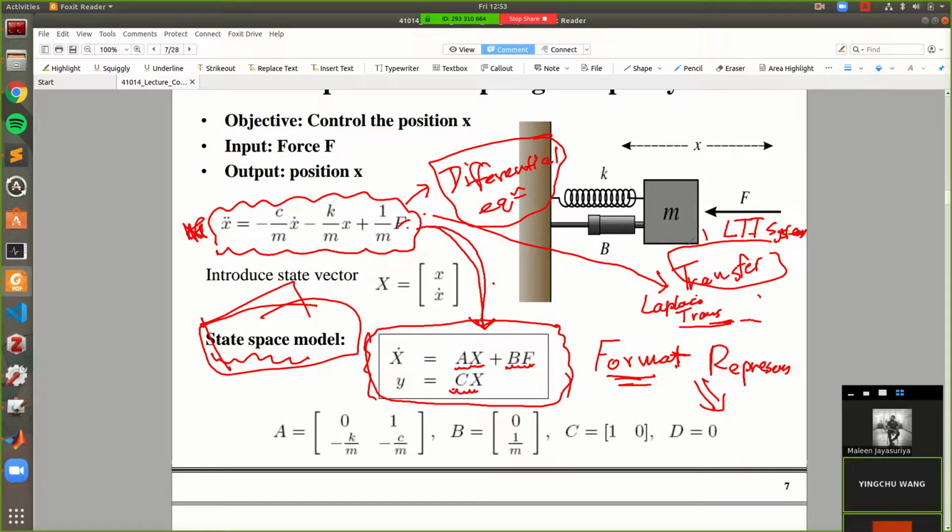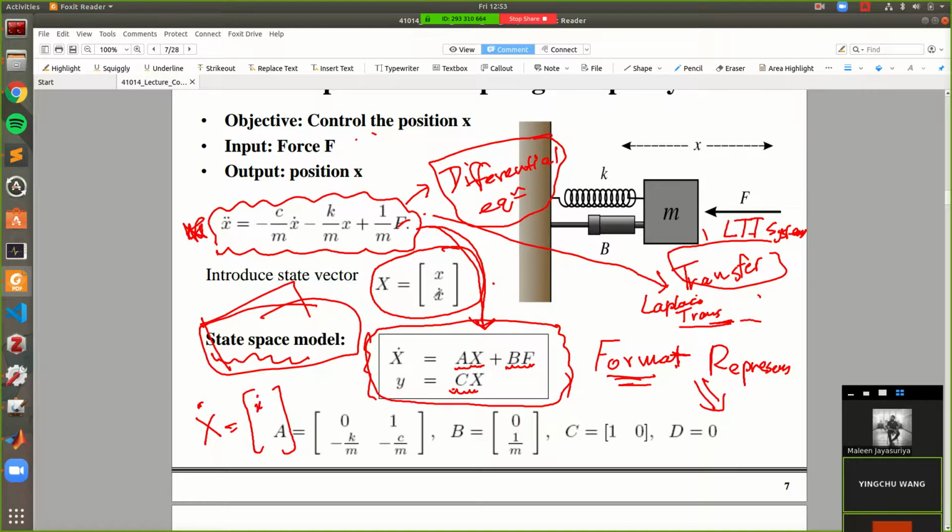All right. What does capital X dot mean? Is it just a symbol or something else? No. Capital X dot is the derivative of this. Your state vector is capital X. If you differentiate X with respect to time, you get X dot.